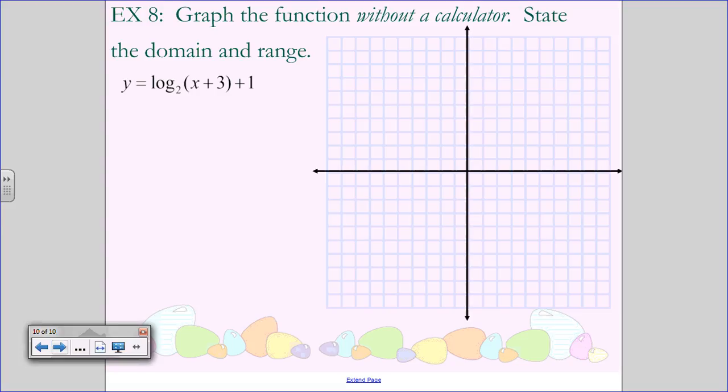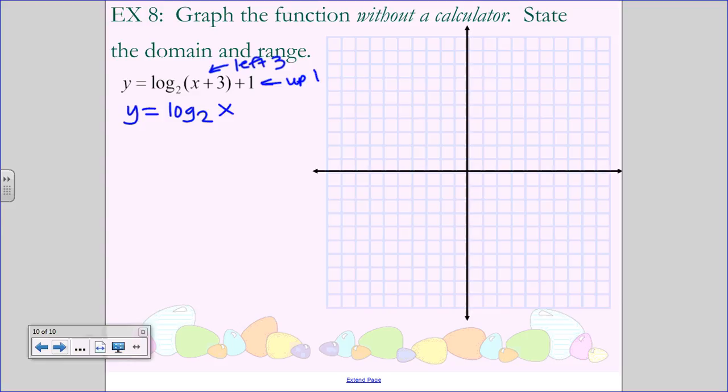The parent function of this would be y equals log base 2 of x. And the rest of that tells me which direction everything is going to go. So this part tells me to go left 3, and this part tells me to go up 1. So at the end, we will use that.